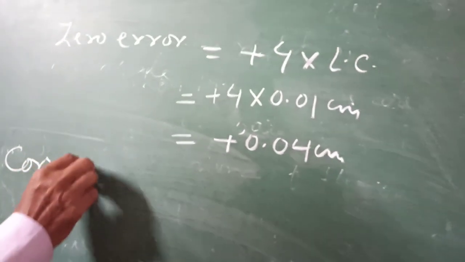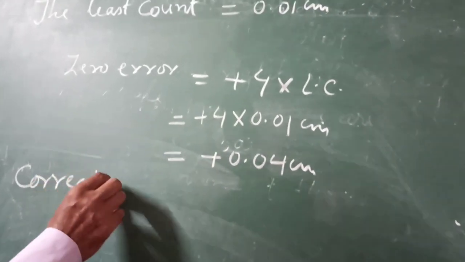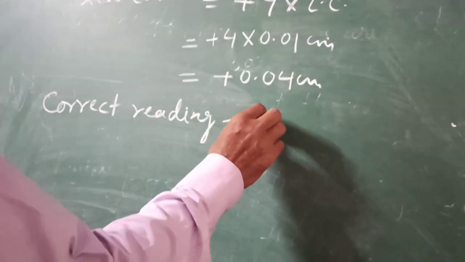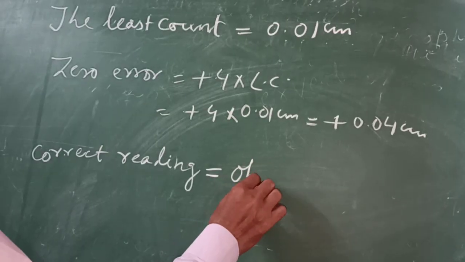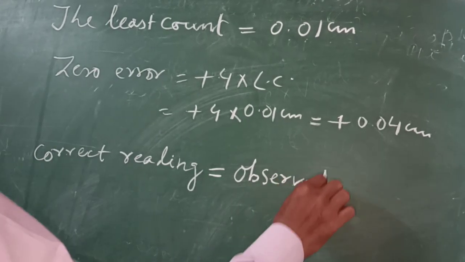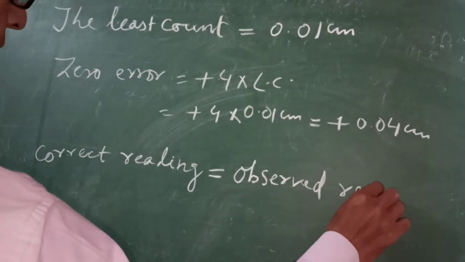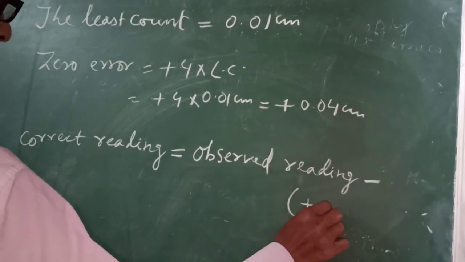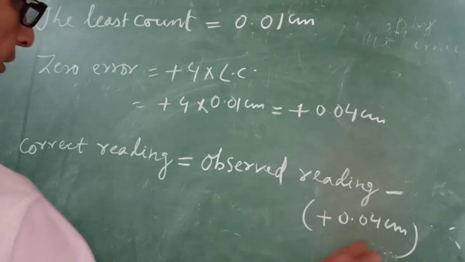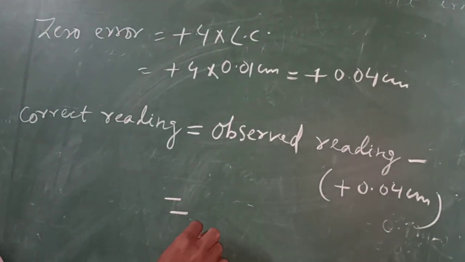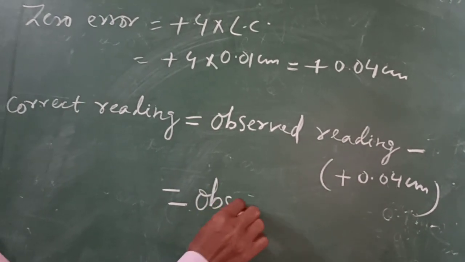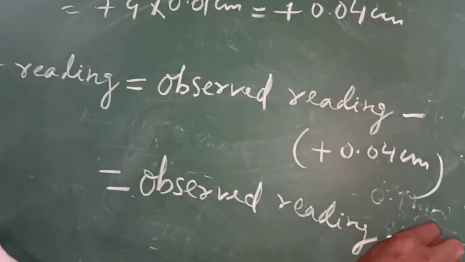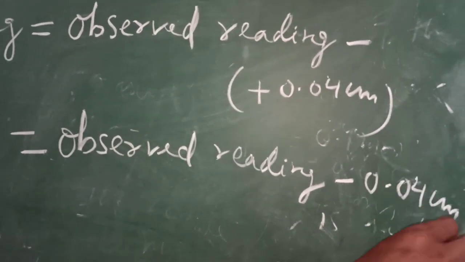Correct reading is equal to observed reading minus (plus 0.04 centimeter) is equal to observed reading minus 0.04 centimeter.